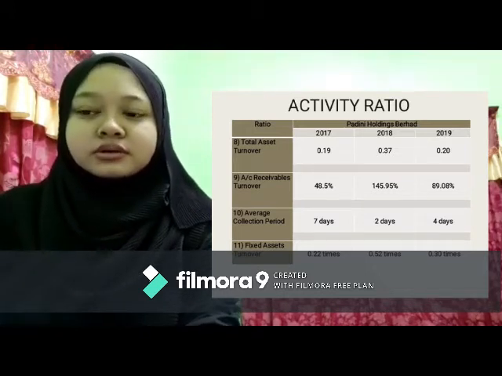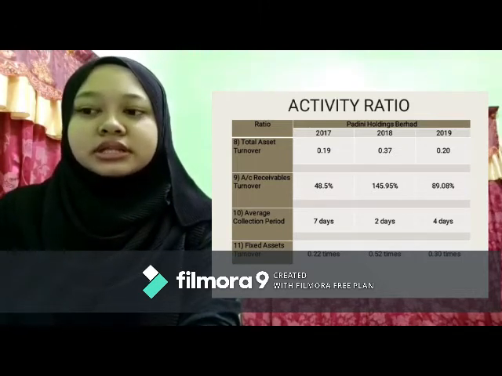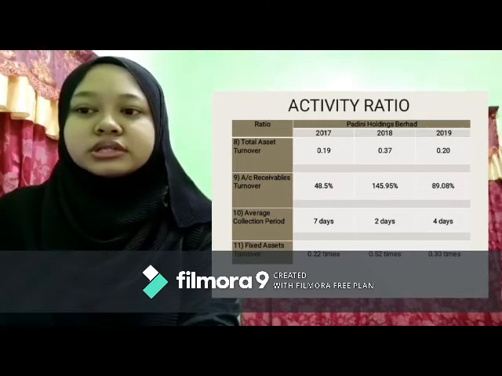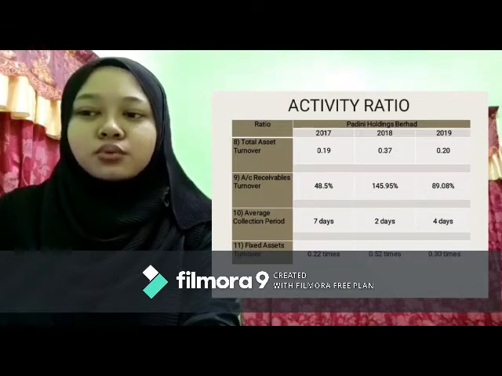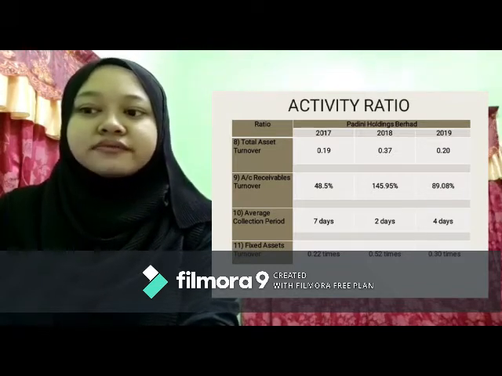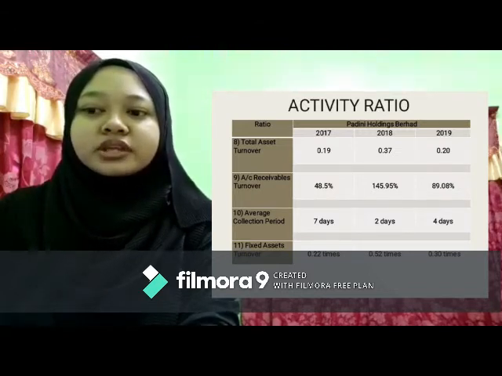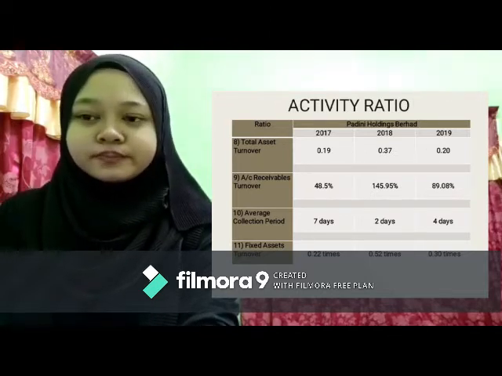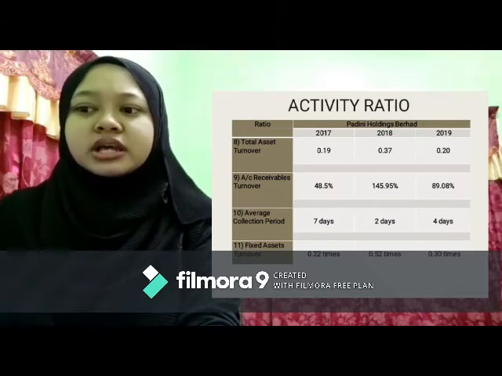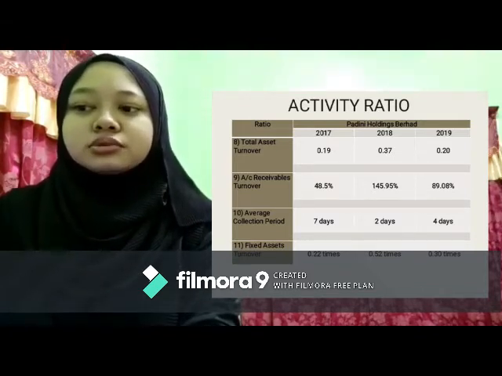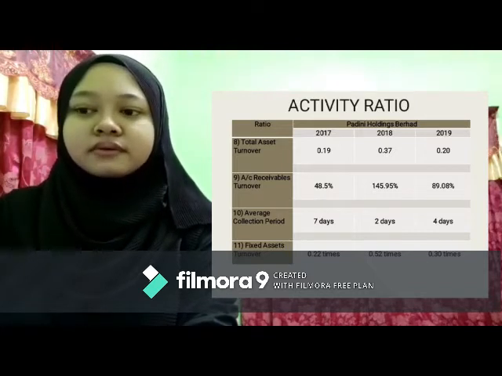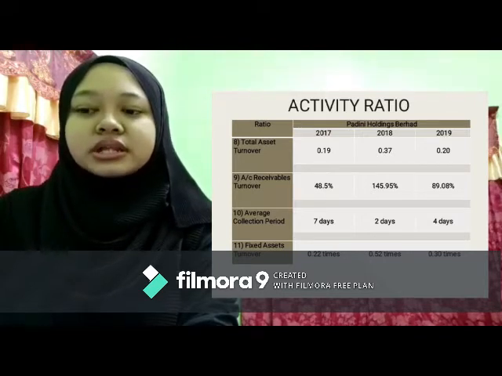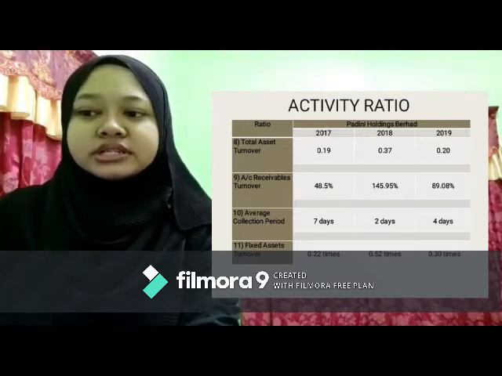Next, account receivable turnover. In 2018, the effectiveness of the company to turn its receivable is 145.95 days compared to 2019 and 2017 at 89.08 and 48.5 respectively. For average collection period, it shows that in 2018 the effectiveness of the company to turn its receivable into cash is only 2 days compared to 2019 and 2017 at 4 days and 4 days.